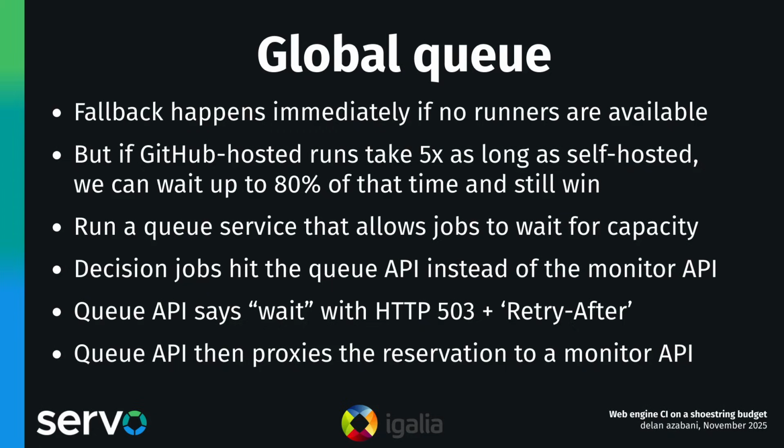It will take the same kind of requests for reserving runners as before, but it will have a global view of the availability and the runner capacity at any given moment. And based on that, it will either respond to the client saying, "Go away and please try again later," or it will forward the request onto one of the monitors based on the available capacity.